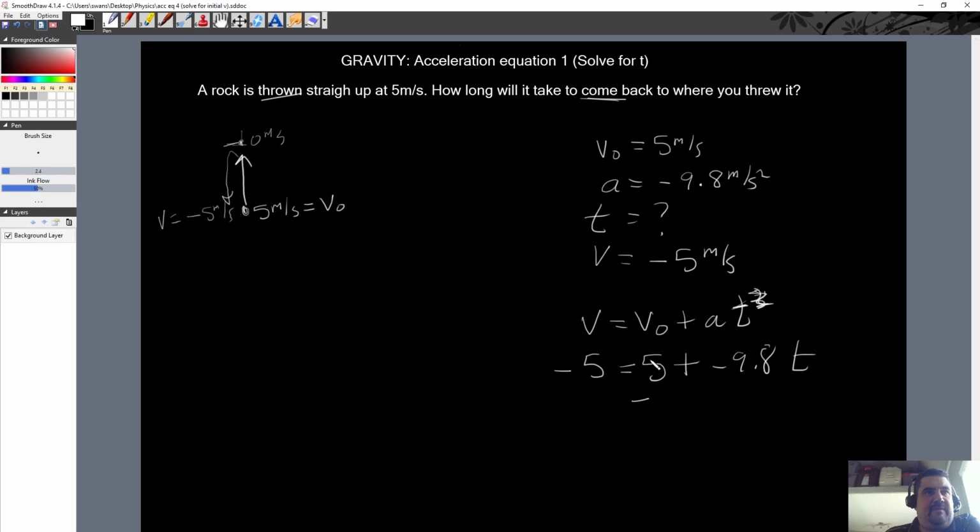Let's put a negative 5 here, and then we'll minus 5 here, because this is a positive 5, so that'll get rid of it. And that'll make that a negative 10 is equal to negative 9.8, because a positive and a negative is a negative. So negative 9.8 times t. Let's divide by negative 9.8, and that'll get rid of it, but we have to divide by negative 9.8.